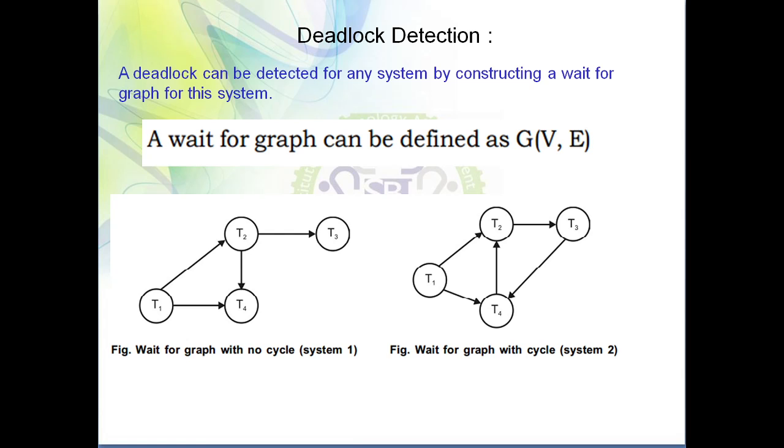But there can still be a situation where there is a cycle and still no deadlock. Generally we use this wait-for graph to detect whether there is a deadlock in the system or not, just by checking the cycle. If a cycle is formed, that means there is a possibility of a deadlock. So this is deadlock detection.